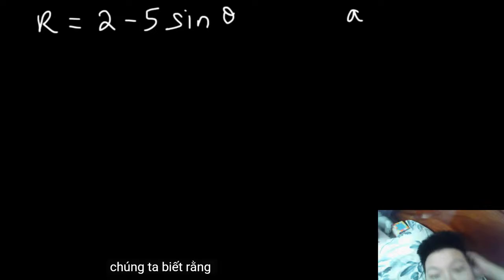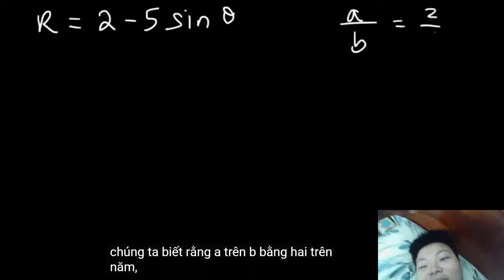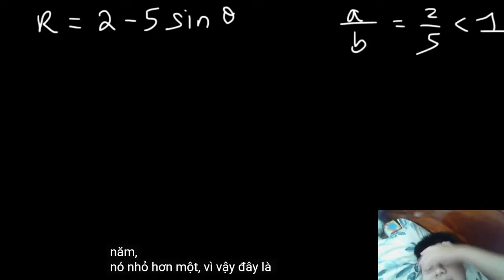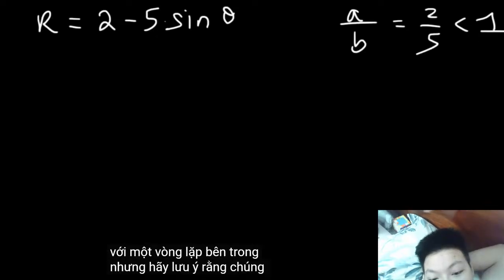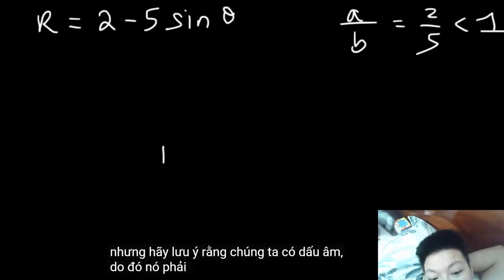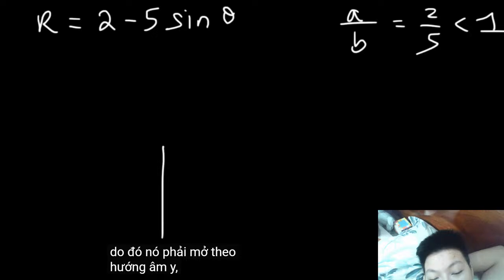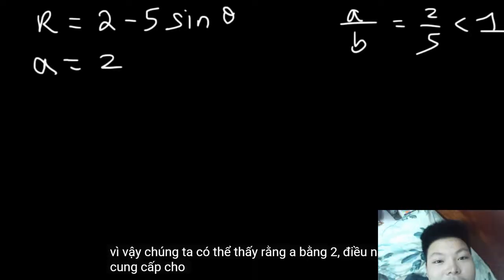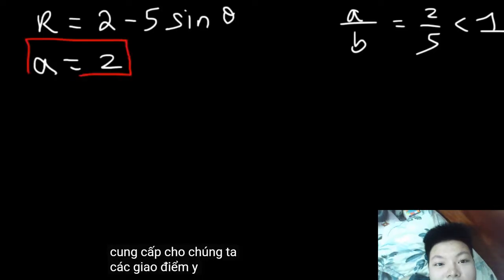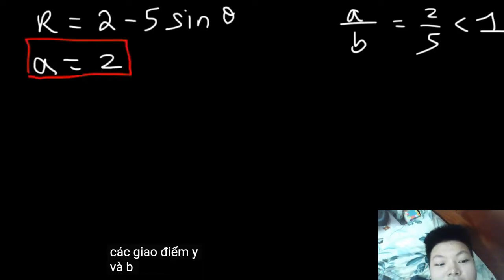We know that a over b, which is 2 over 5, is less than 1, so this is a limacon with an inner loop. But notice that we have a negative sign, so therefore it has to open in a negative y direction. So we can see that a is 2, and b is 5. So let's go ahead and graph it.